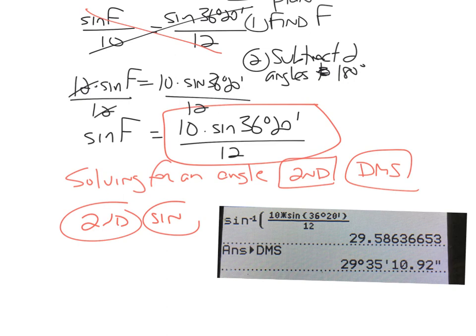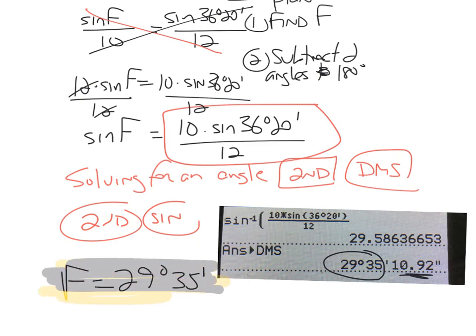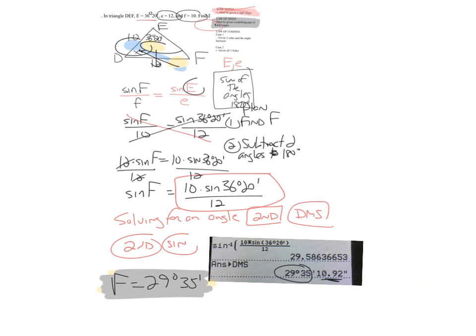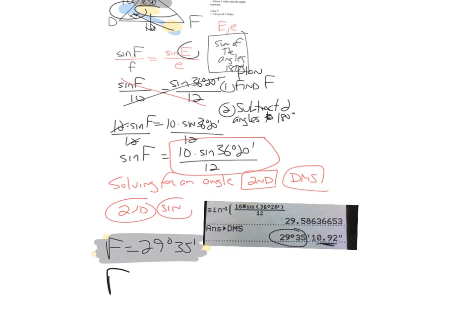So here we're going to have angle F is 29 degrees, and since our seconds are under 30, 35 seconds. So now I have angle F, and since I also was given angle E is 36°20', what I'm going to do is add up those two angles, and then subtract from 180.